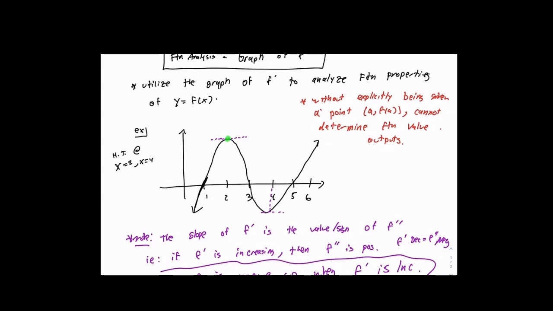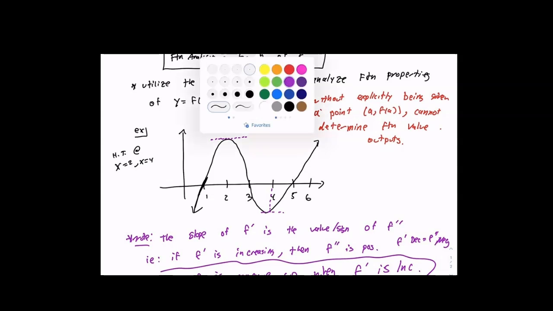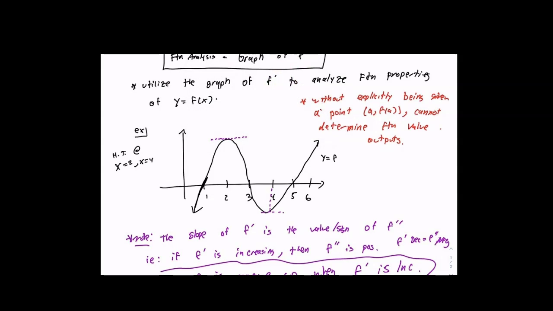No, this is the graph of f prime. This is the graph of y equals f prime of x. So there's a relative max for f prime at x equals 2, but there is not a relative max for the function f of x.